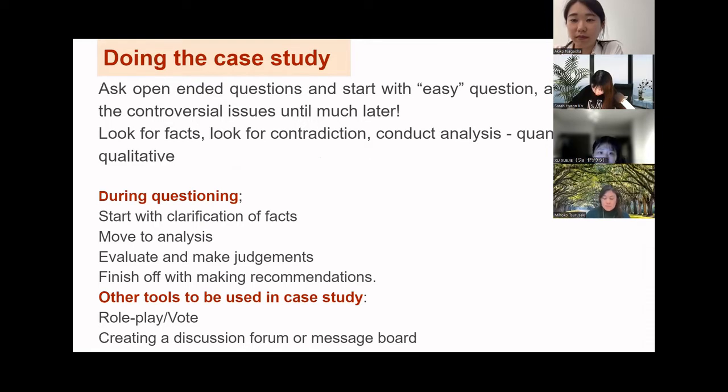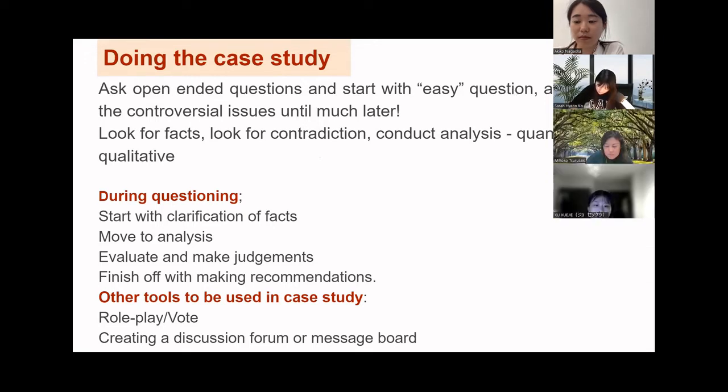So the most important thing when we read a case study is to ask open-ended questions. I'm not going to make it mandatory, but start with easy questions and keep the controversial issues for later, because some things are controversial.